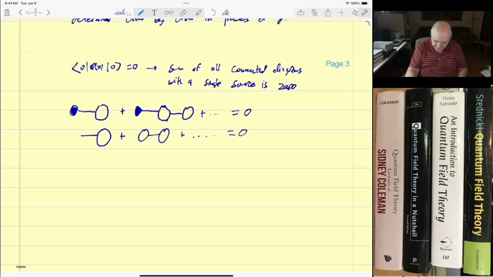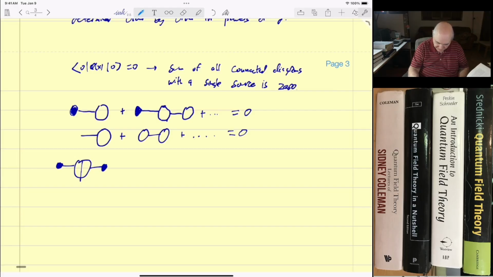So if we have any subdiagram, let's take a subdiagram like this, and we add that onto all these other diagrams.